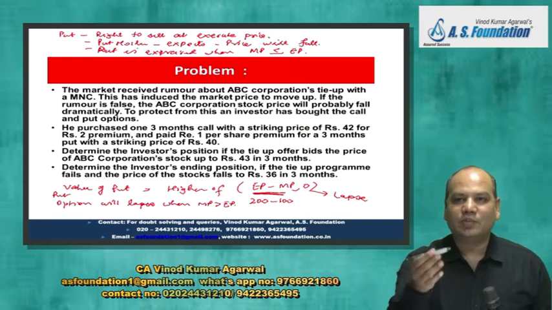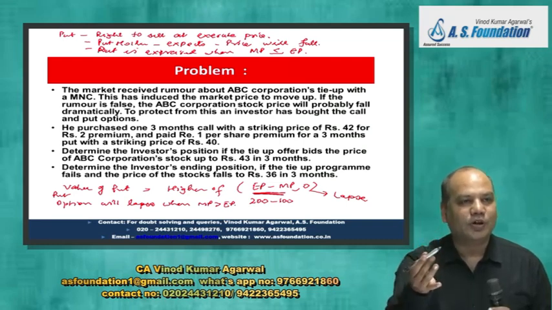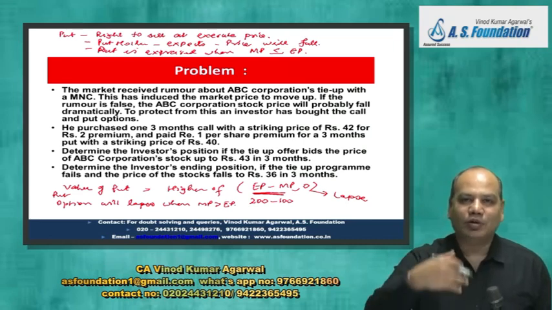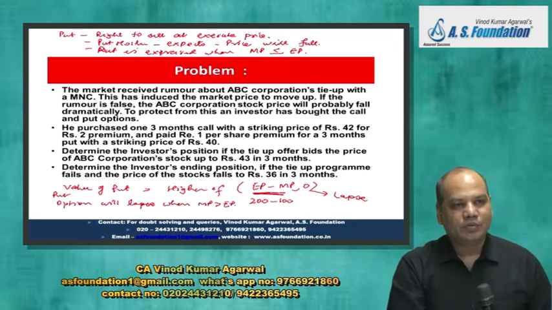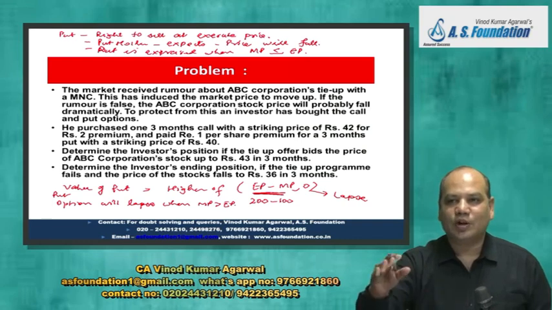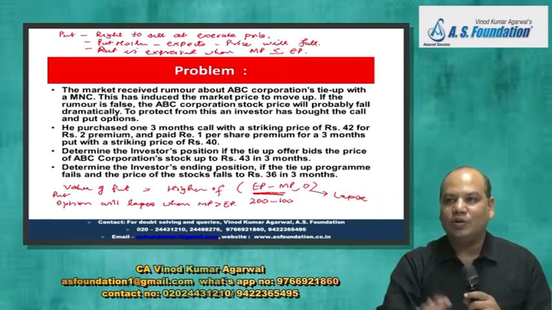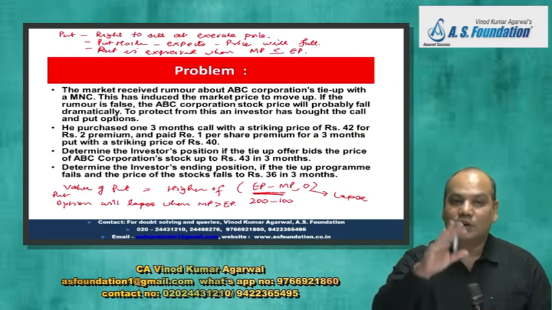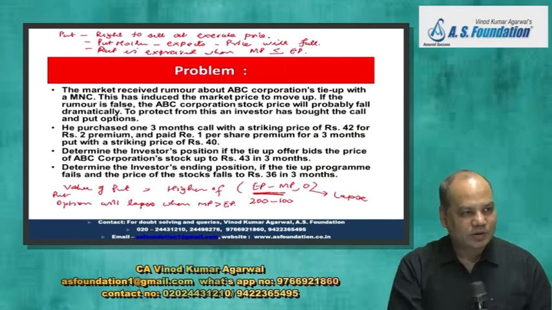After 3 months, the market price of this pen has gone to 400 rupees. Will I sell to the counterparty B or will I sell in the market? Market. That means with respect to counterparty B, my put option would lapse. Lapse means zero value. This is what we have learnt in strategic financial management subject.